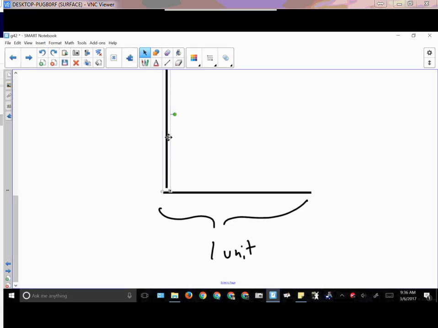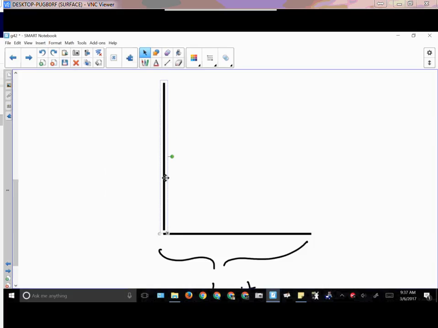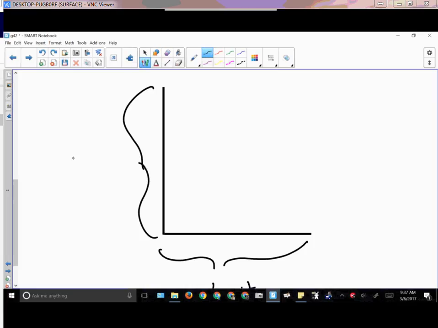So if I go and put this in and say that, okay, I go 1 unit this way, and then I go up 1 unit, okay? Are you trying to tell me that the distance from here over to here is also going to be 1? Is that what you're implying?